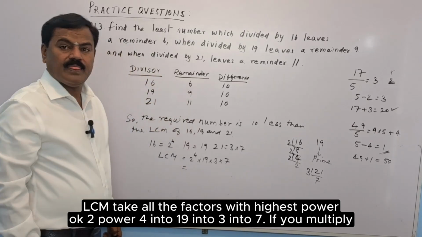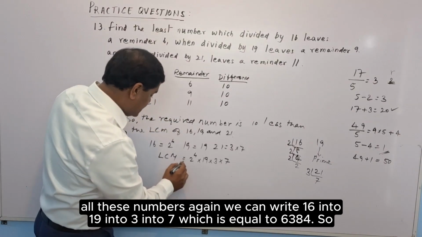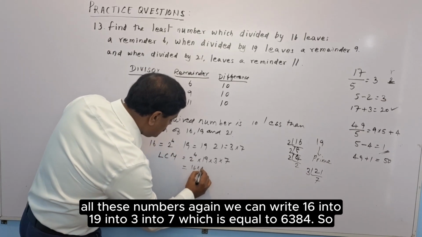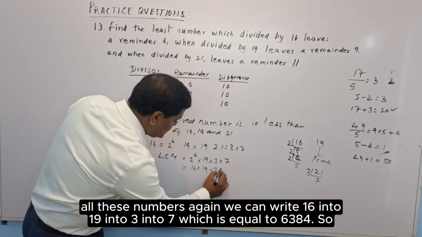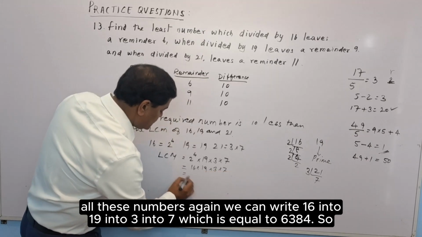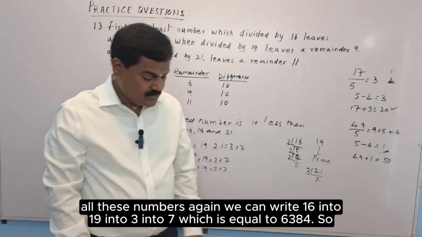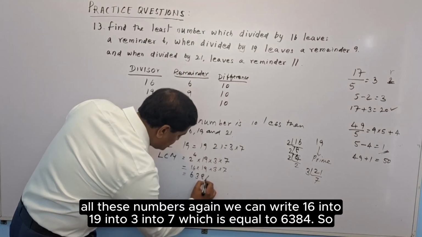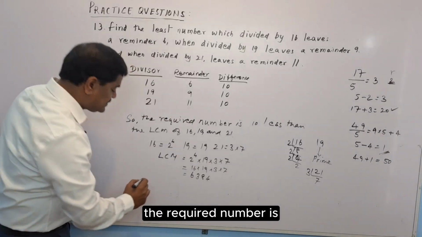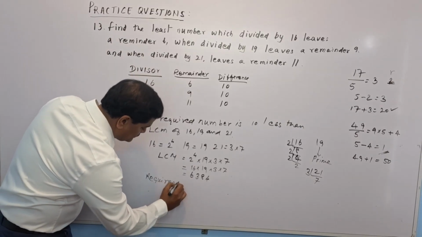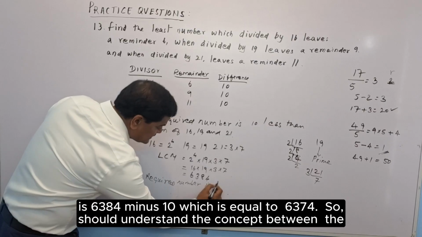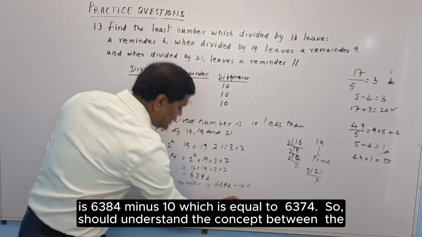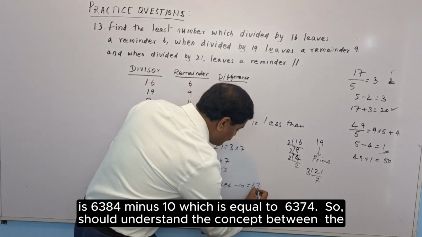If you multiply all these numbers, again we can write 16 into 19 into 3 into 7, which is equal to 6384. So the required number is 6384 minus 10, which is equal to 6374.